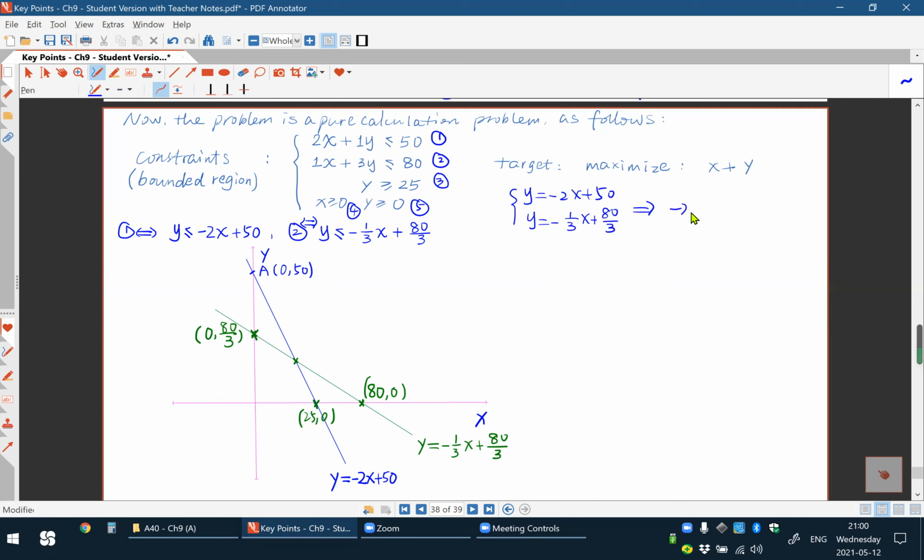Okay, so that means we need to find this solution. Can you tell me what is x? 2x minus 1/3 of x equals... we can times 3 to both sides.